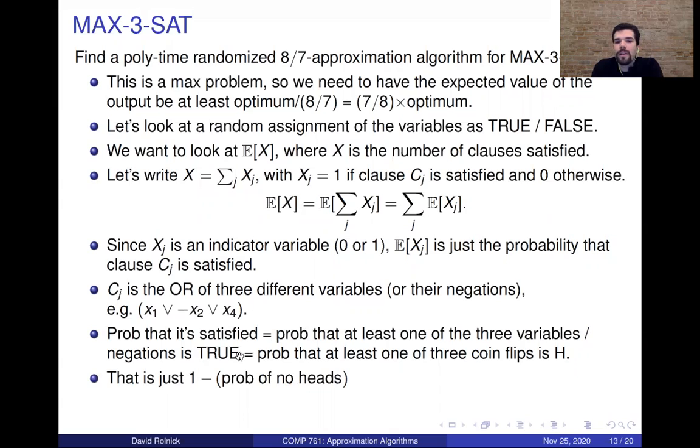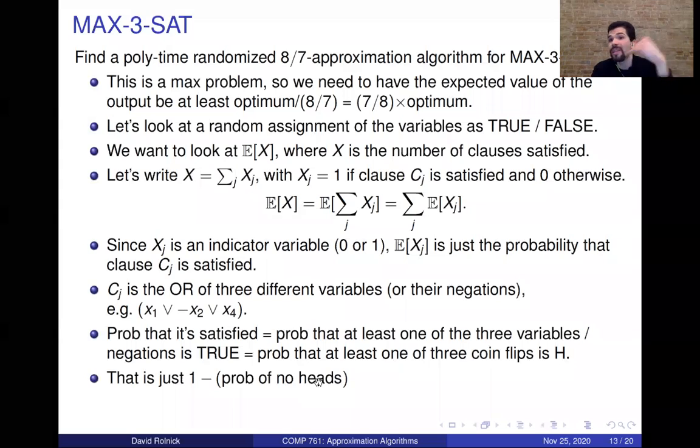I like to think of this as, you could calculate it as the probability that one of the 3 coin flips is heads, plus the probability that 2 are heads, plus the probability that 3 are heads. But you could also just write this as 1 minus the probability that you have no heads. The probability that you have at least 1 head is 1 minus the probability that you have no heads, because either you have no heads or you have at least 1. So what's the probability of no heads?